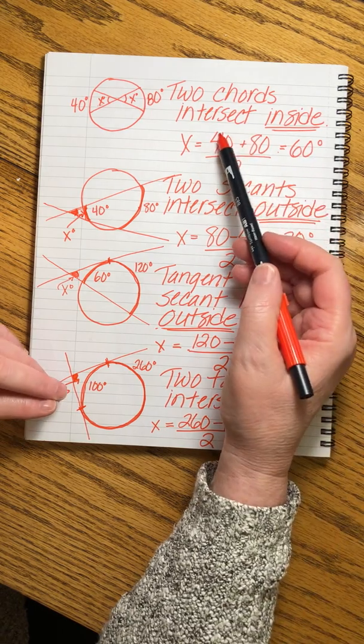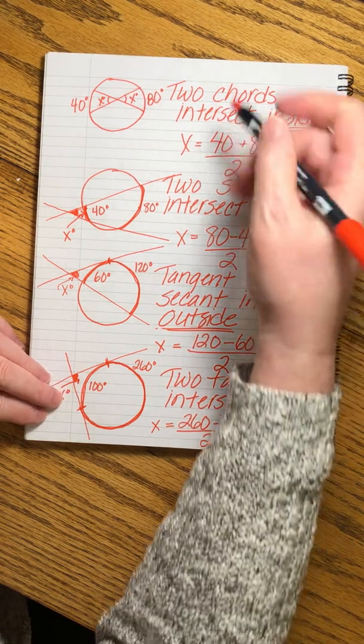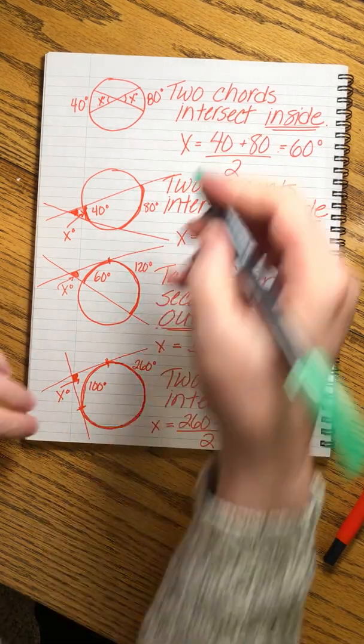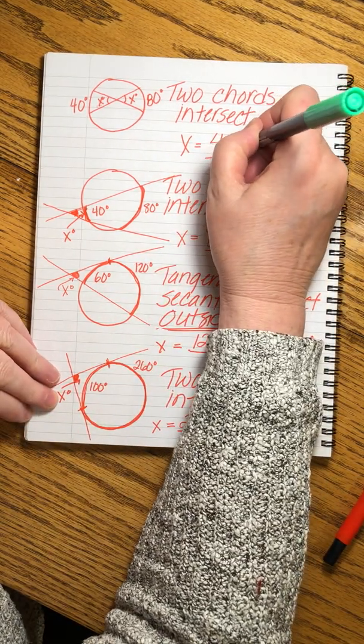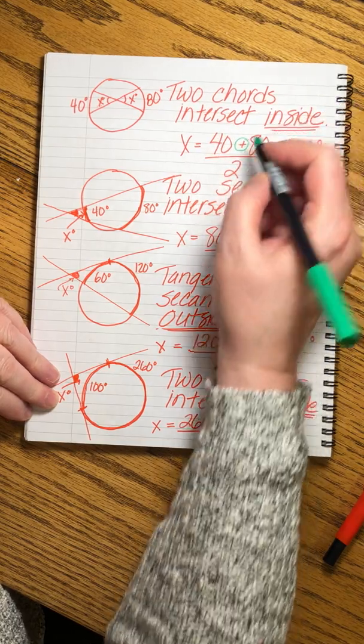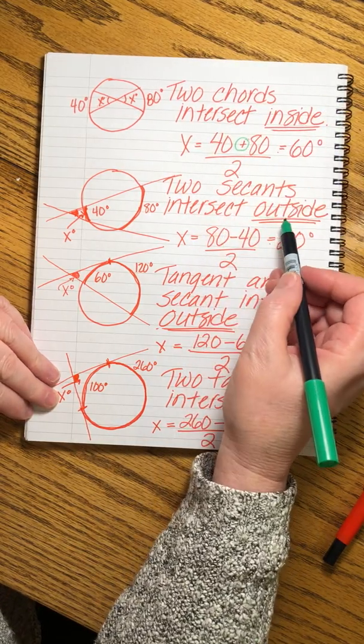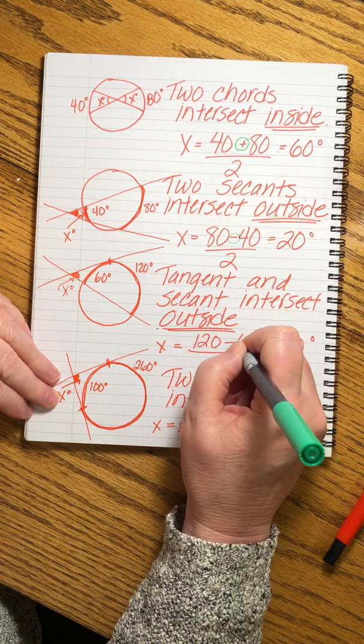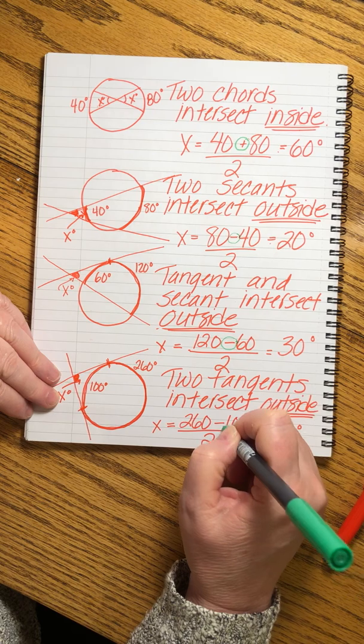Notice that when we intersected inside the circle, we added. I'm going to use a different color for emphasis. When we intersected inside the circle, we added. When we intersect outside the circle, we subtracted every time. All right?